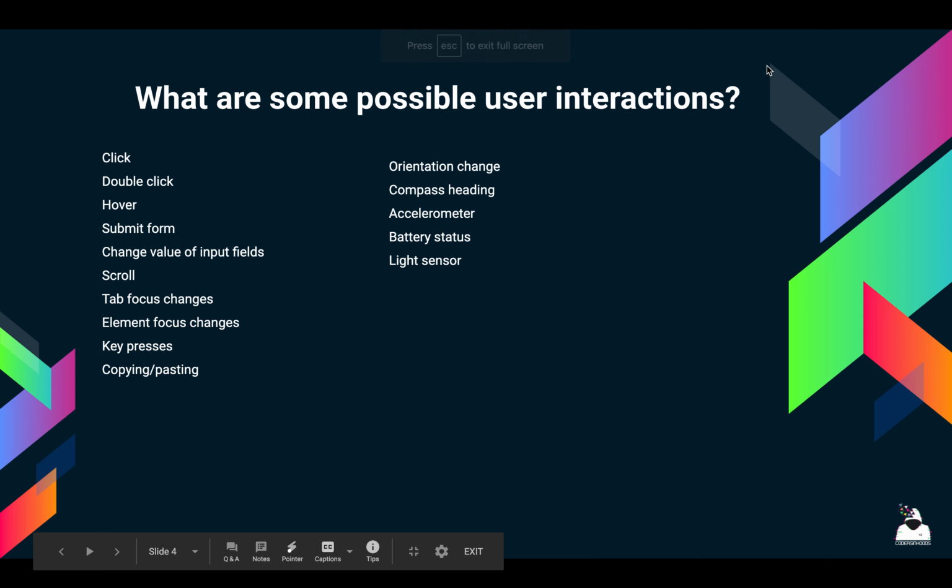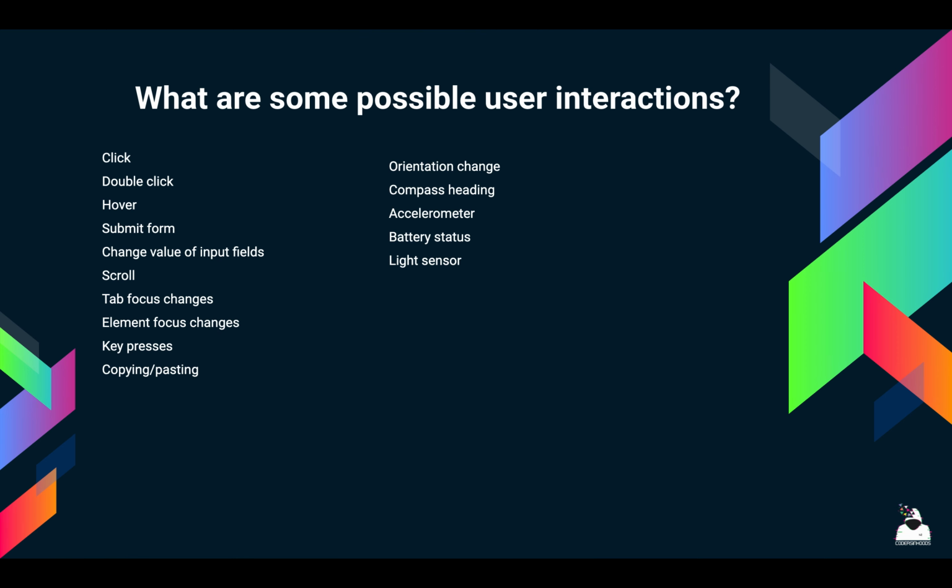Does anyone have any ideas of user interactions, now we've looked at that, that you think we could listen for in the browser? Like touch events, where you can have multi-touch. If you've got 4 fingers on the screen, you can listen for all of those.